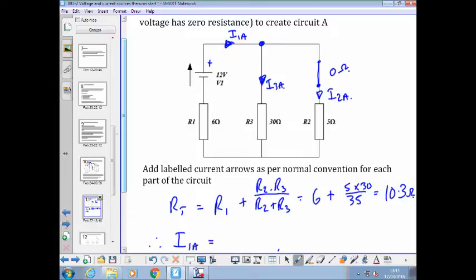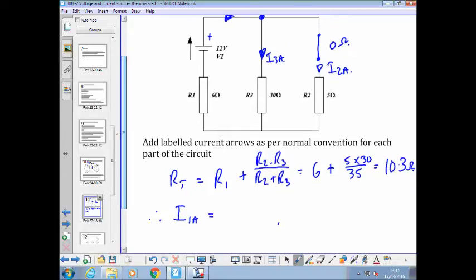Yeah. 12 over RT equals 12 over 10.3 equals, what did you say it was, Lewis? 1.17 amps. 1.17. Three significant figures, yeah? Alright, everybody happy with that? Where do I go now? So I've now found, let's write that on a diagram.